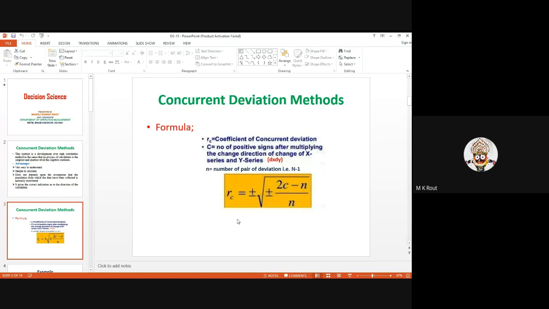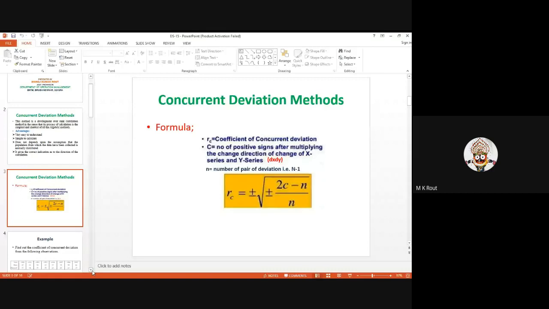And n stands for the number of pairs of deviations, that is capital N minus 1. I repeat, small n equals capital N minus 1. So just note down the formula. Then we will proceed to calculate some examples.